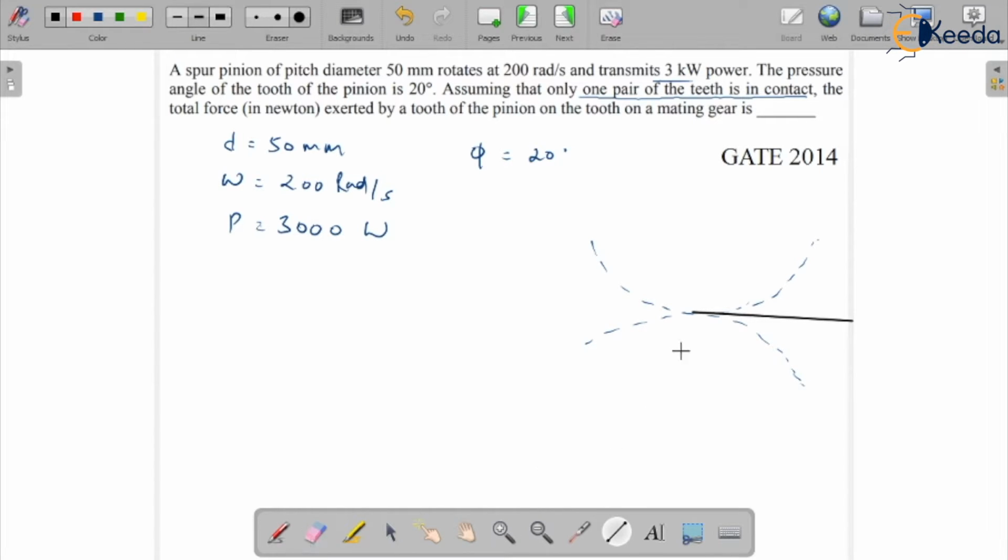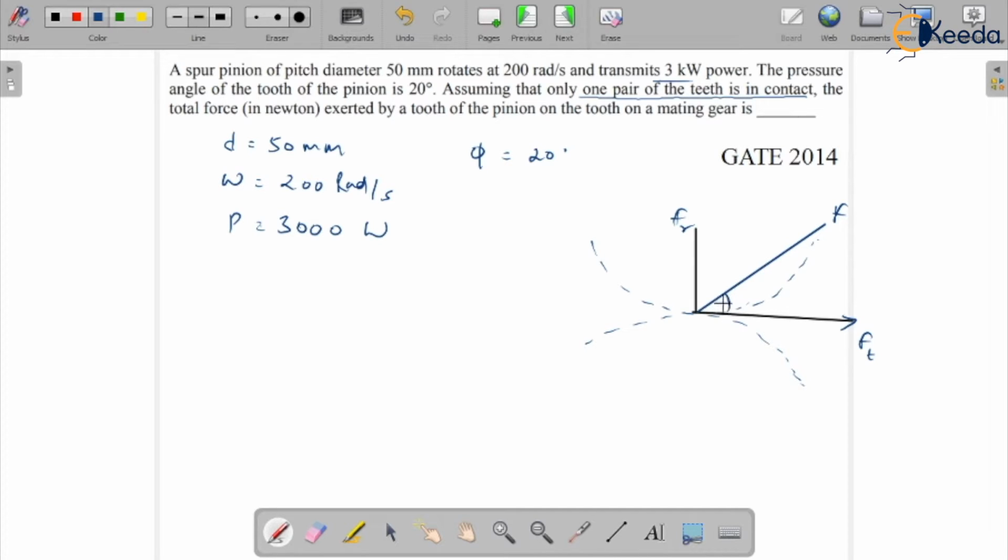And there will be a radial force exerted by the tooth of the pinion on the tooth of the mating gear, like that, and we need to calculate the total exerted force. So this is Ft, and you can call this FR, the radial force, and that is the total force.